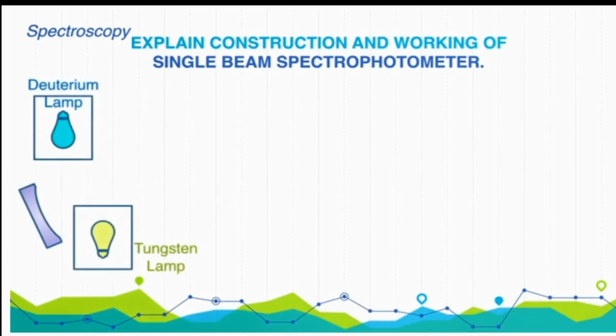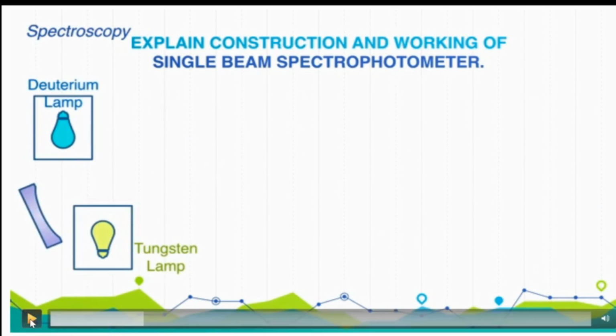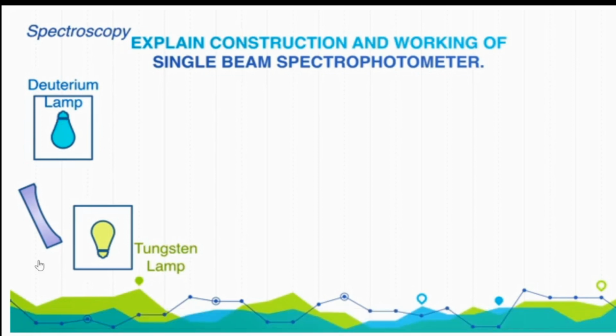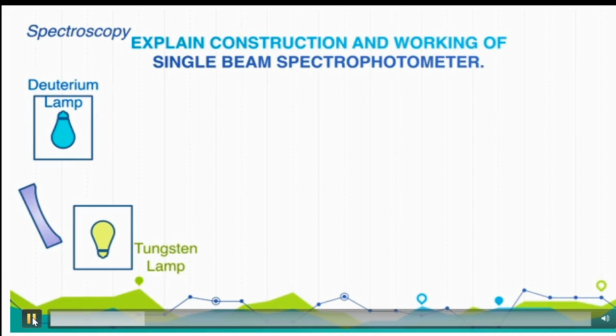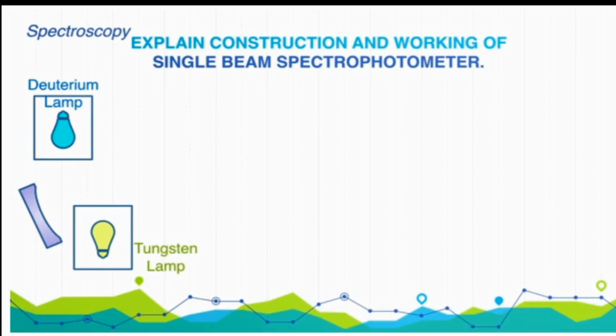First, the source of radiation. It may be UV light, visible light or IR radiation. Whatever the source of light, in the beginning there will be a light producing source. UV light can be obtained by heating a filament which is filled with either hydrogen gas or deuterium.